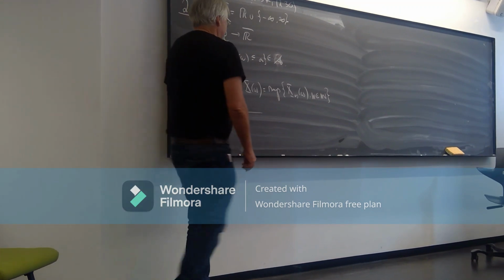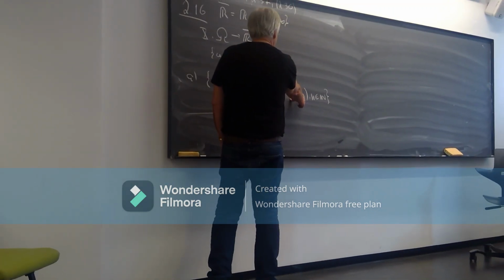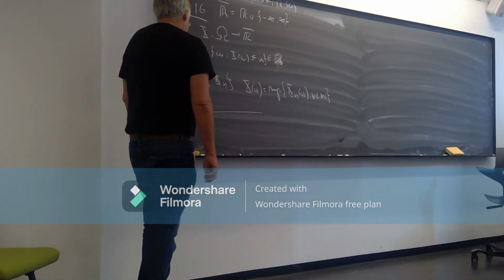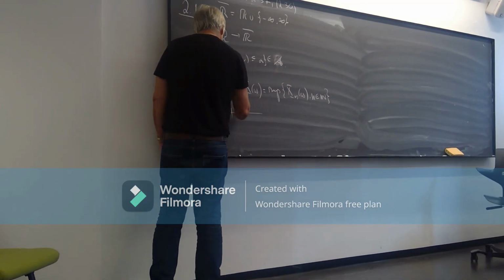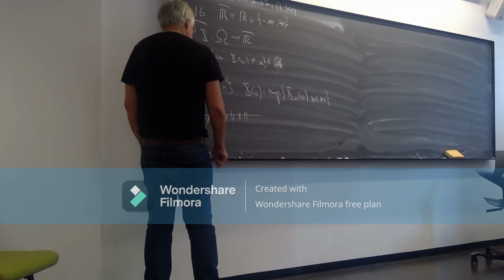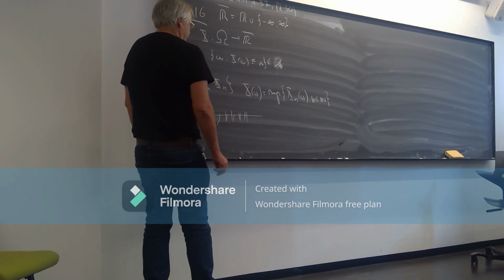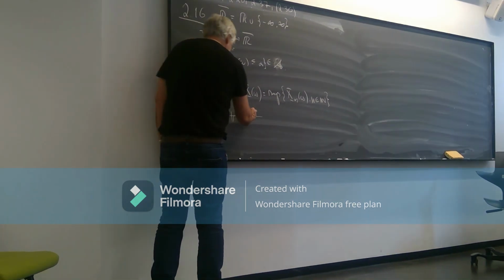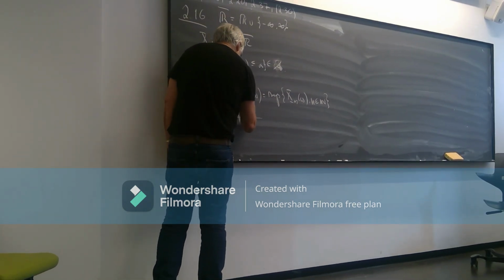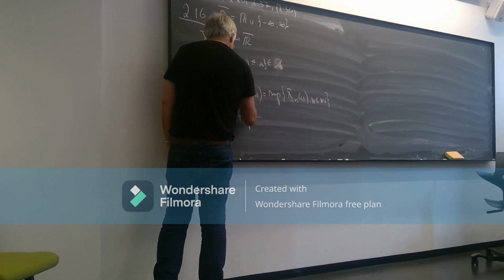So all of these, of course, if you fix omega, all of these are real numbers. So I have a lot of real numbers here. And I'm looking at the supremum, least upper bound of these real numbers. So in this case, that might be here perhaps. So this would be X of omega.